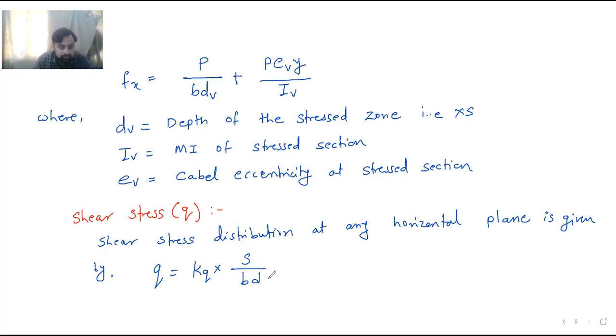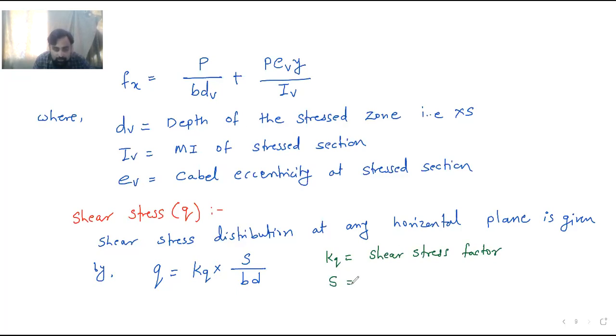where KQ is the shear stress factor. This value is already given in the problem many of the times. Shear stress factor: this value you will get from IS 1343, which is used for the design of prestressed concrete members.